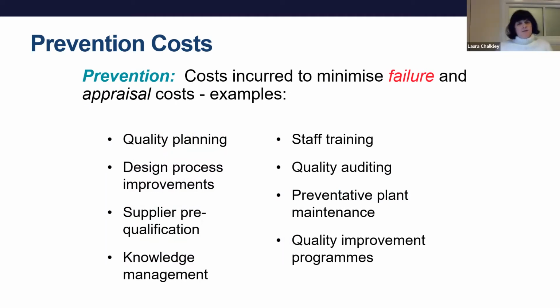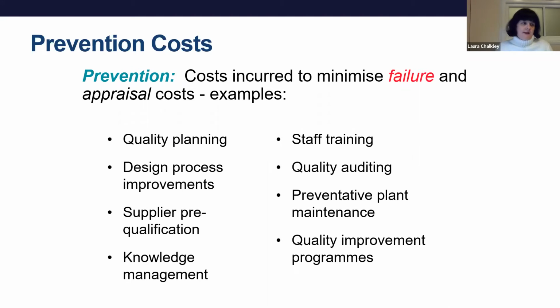So if we have a bit of a think about construction for a moment, prevention costs aimed at minimising failure could be things like quality planning, design process improvements. That's thinking about who needs to be involved in the design, at which stage they need to come in. Thinking about supplier pre-qualification and whether you, for example, have a register of pre-approved suppliers who've gone through a stringent assessment process.